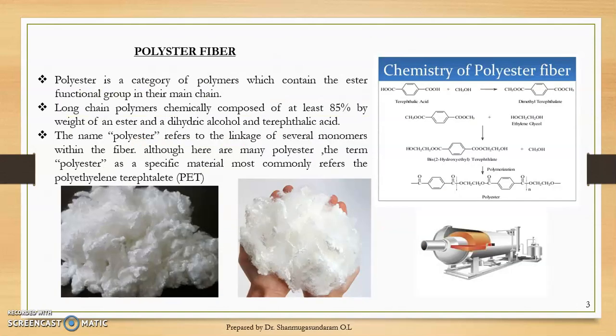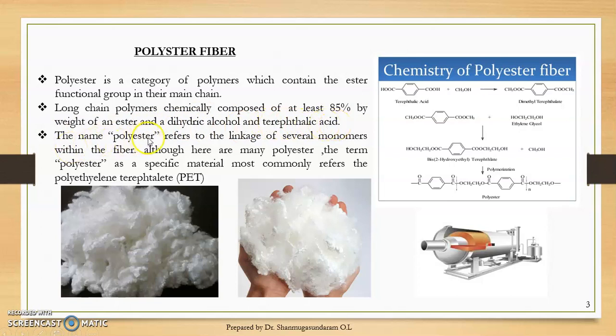Now let us see about polyester fiber. Polyester is a category of polymer which contains the ester functional group in its main chain. Long chain polymers chemically composed of at least 85% by weight of an ester of a dihydric alcohol and terephthalic acid.